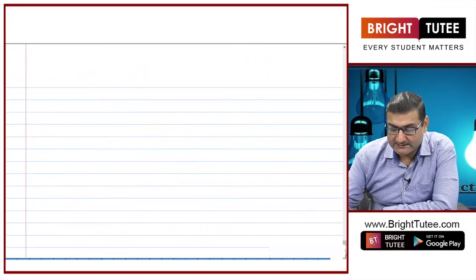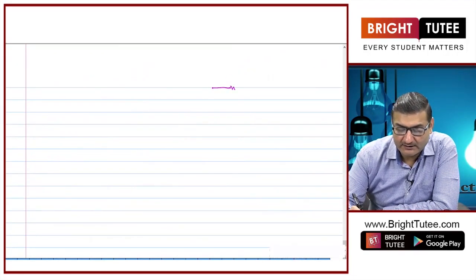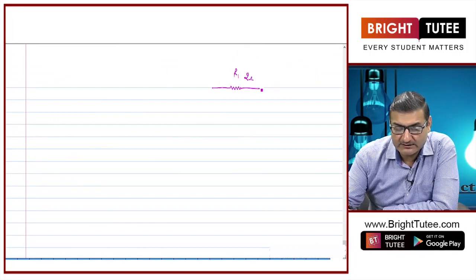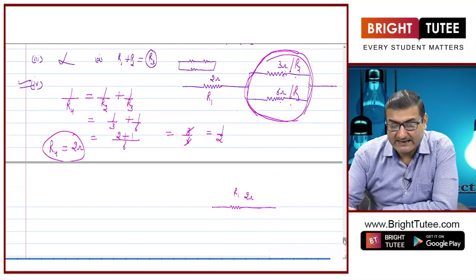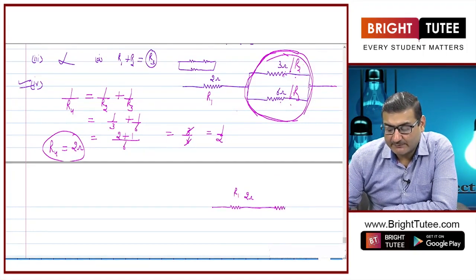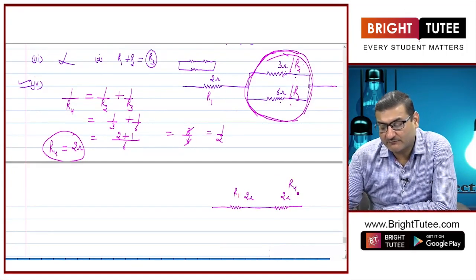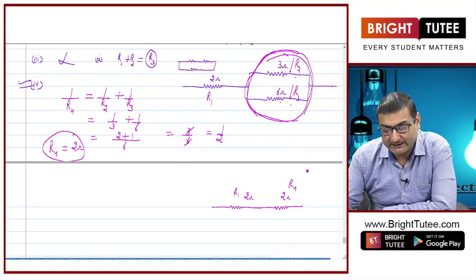Now, what I can do is redraw this figure like this. This was our initial R1, 2 ohms, and on taking the total of these two, I can place the resultant value 2 ohm of R4 here, right. You can relate it.